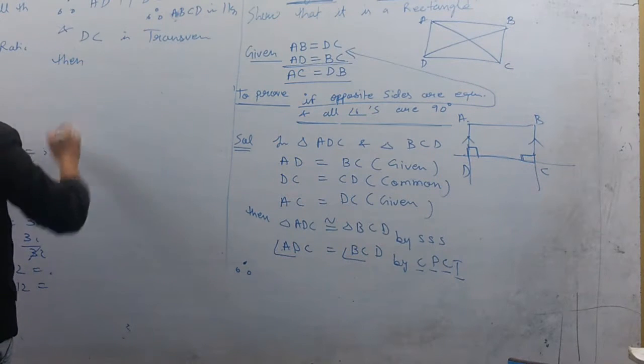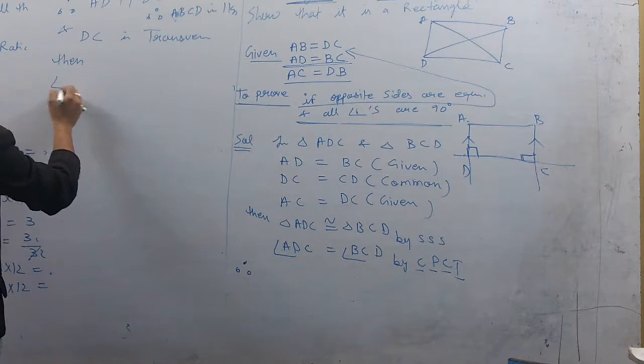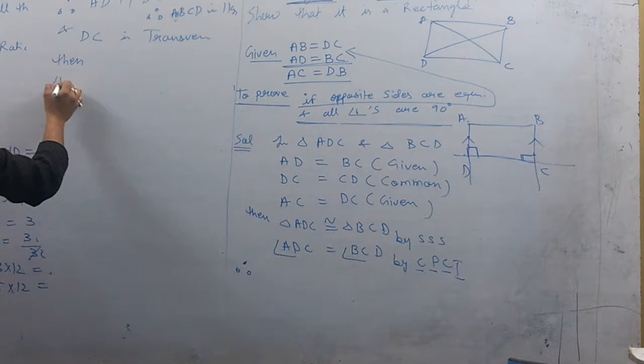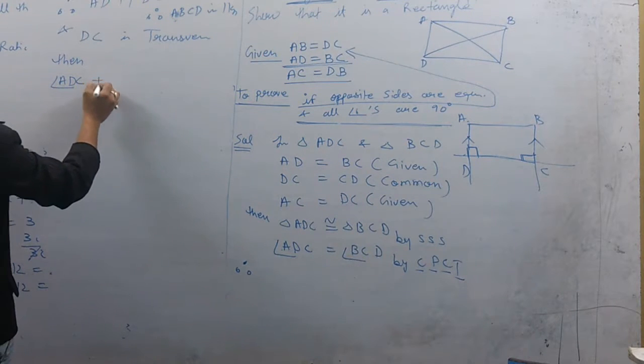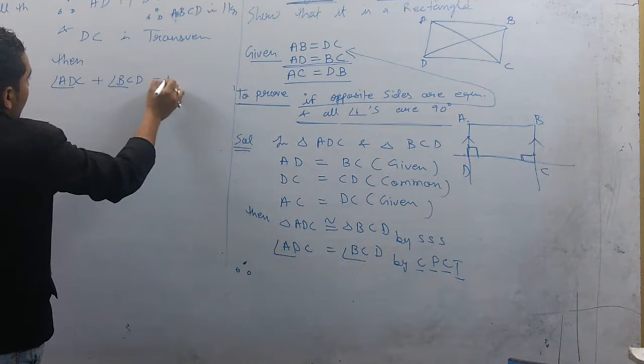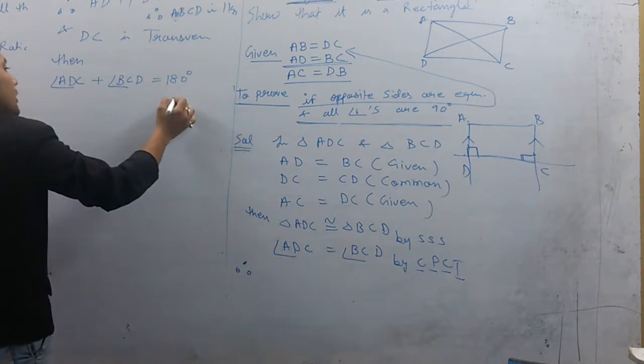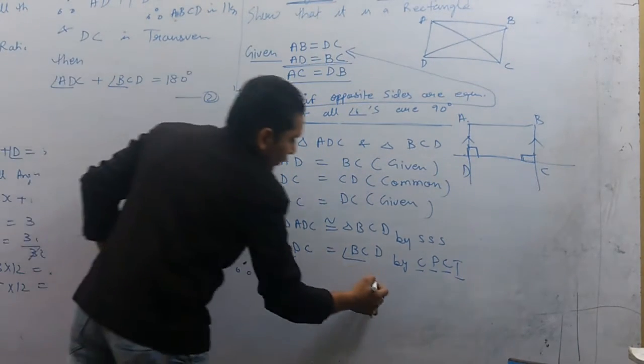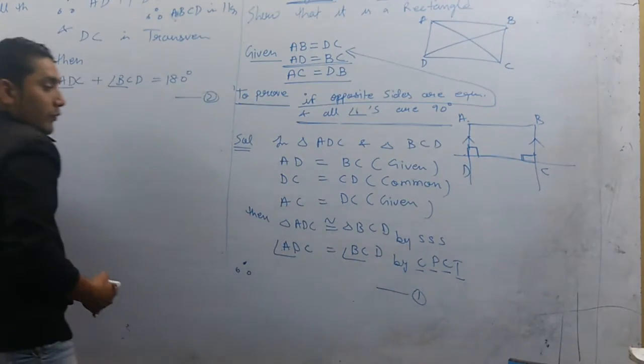Then angle ADC plus angle BCD is equal to 180 degrees. Equation 2, and here we write equation 1.